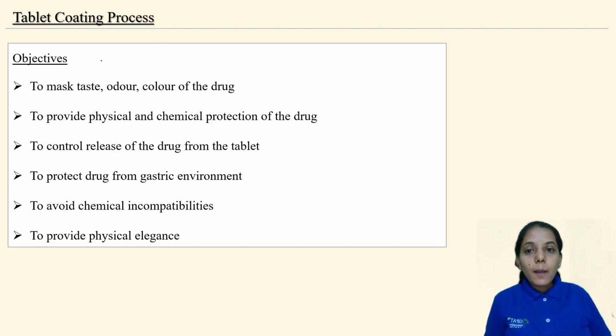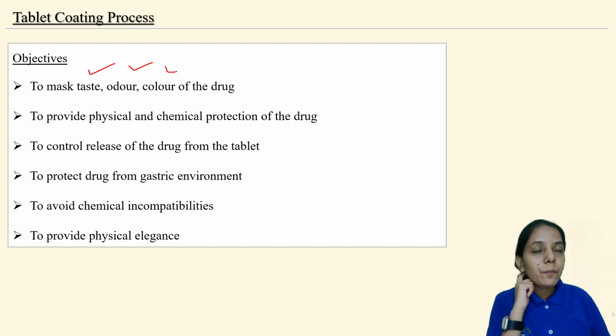We are coating the tablets to mask the taste. For example, if a drug has a bitter nature, it will have some effect while swallowing. Also to mask the taste, odor or color of the drug. If the color is not acceptable or it has some objectionable odor, then we use tablet coating. We also use coating to provide physical and chemical protection of the drug.